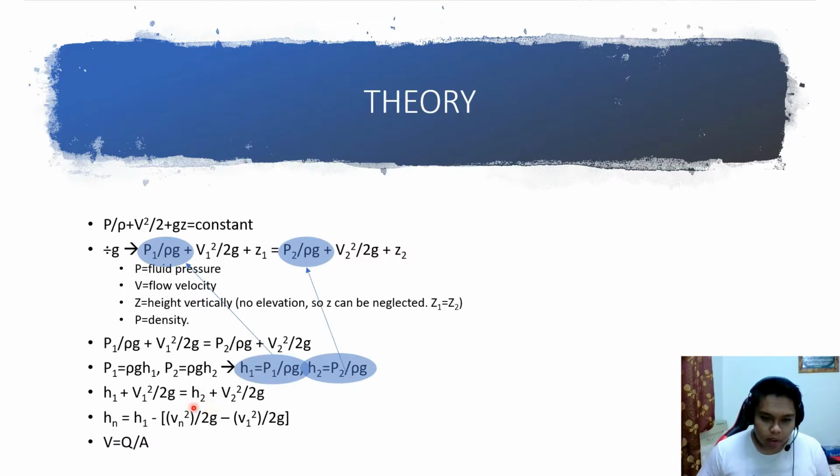Thus, if we replace the 2 here with n, we can get the height at any point equals height 1 minus Vn squared divided by 2g plus V1 squared over 2g. And note that the velocity equals flow rate over area, and flow rate is equal to the amount of volume flowing per second, which means how much fluid flows in volume in how many seconds.